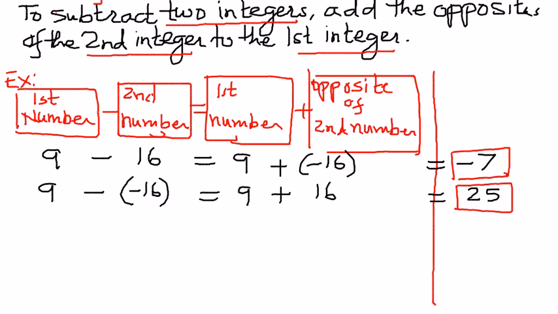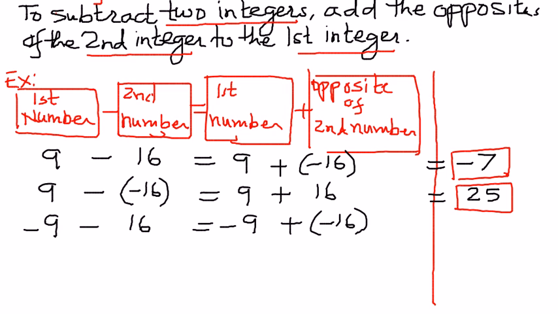The third example we have is, if I have -9 as the first number and I want to subtract 16, the second number, then we write the first number as -9, plus, because that is what we're going to follow, the positive sign, and the opposite of 16 is -16.